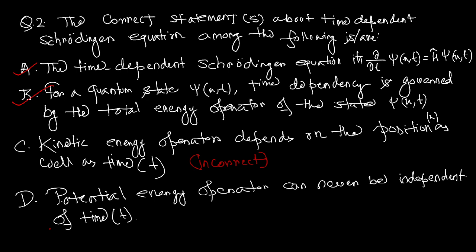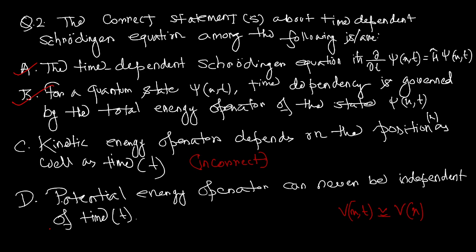However, in the first module, for a stationary state, we took the approximation Vx comma t is equal to Vx, but this is not true for all phenomena.